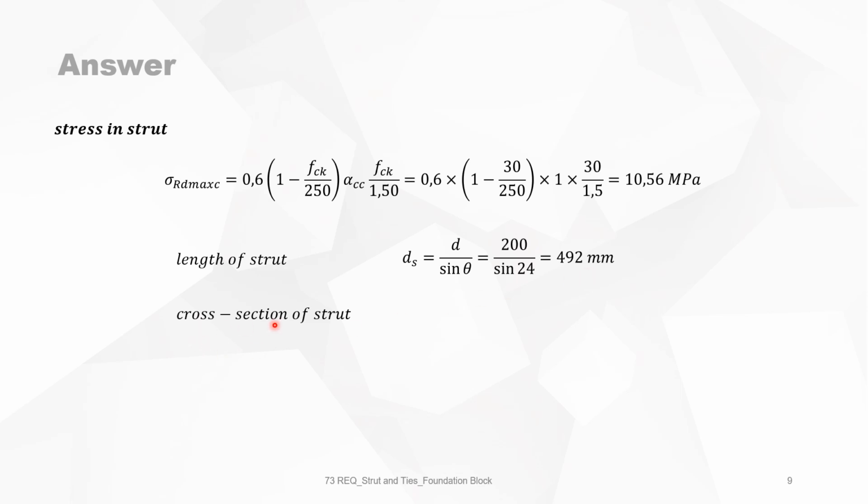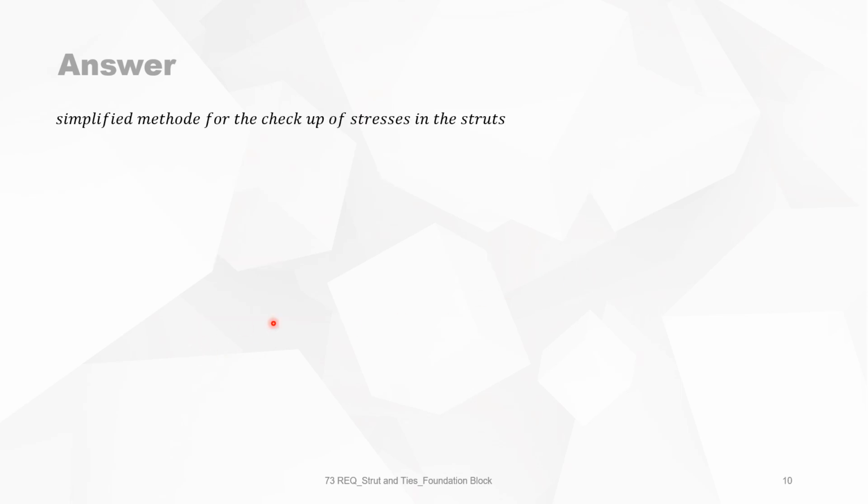And the cross section of the strut is not a problem, but we will use the simplified method for the check of the stresses in the struts, because those struts start with a smaller cross section and go to a wider cross section. So it's a little bit difficult to decide which cross section we are going to check. So we take a simplified method.